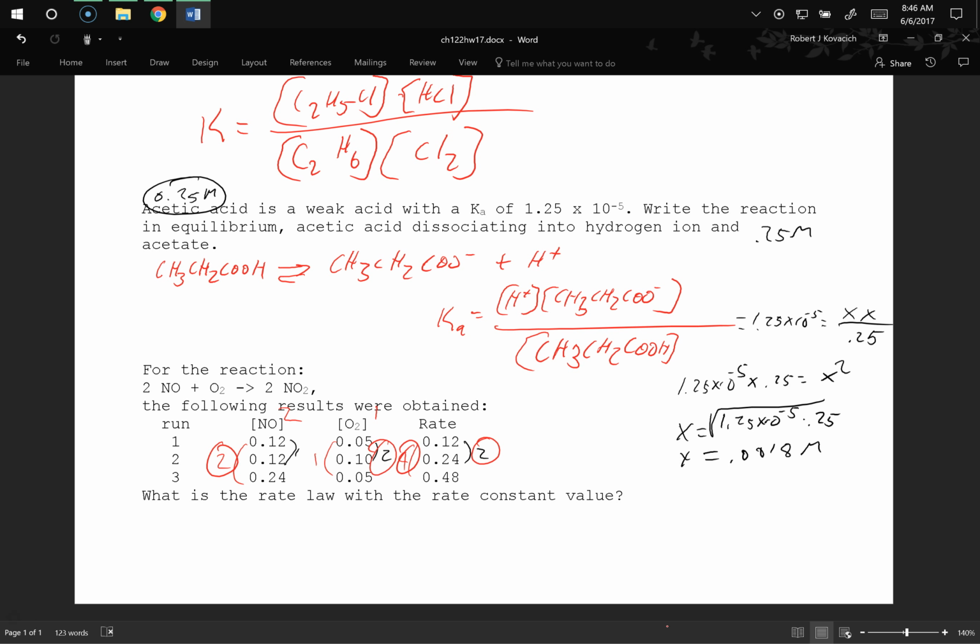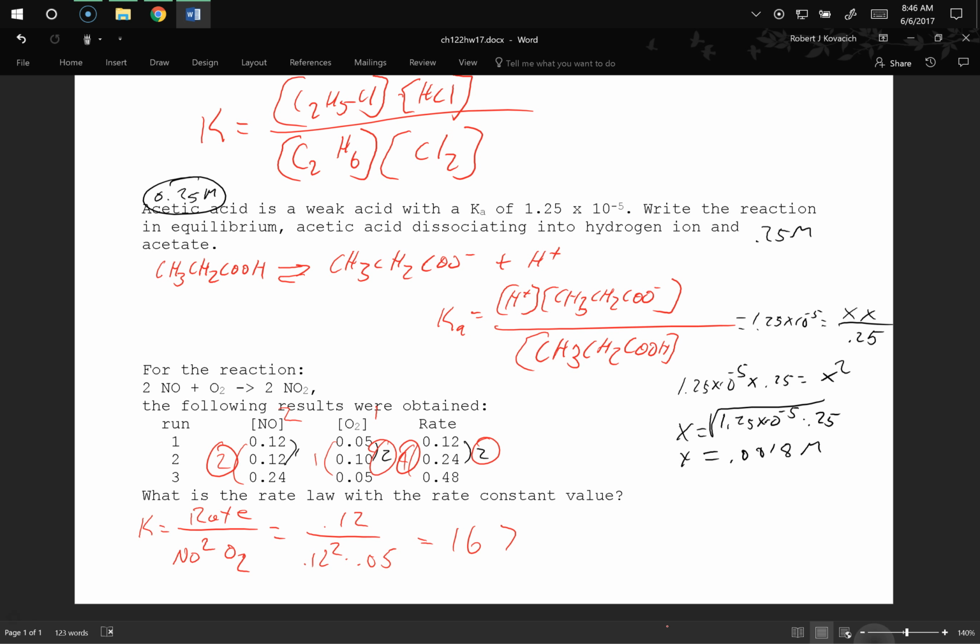So then K is equal to rate divided by NO squared and O2 to the first. So I got 0.12 divided by 0.12 squared times 0.05, and 167 for my K value.